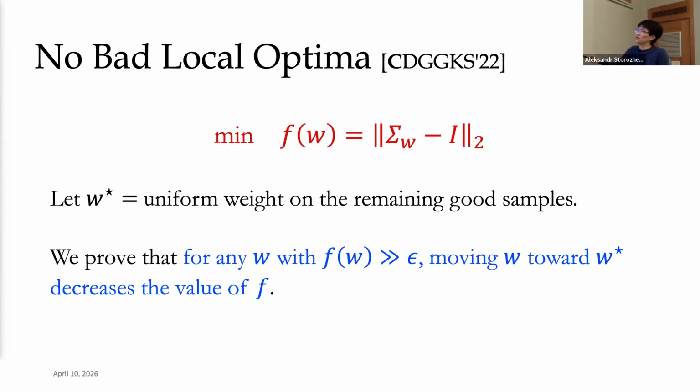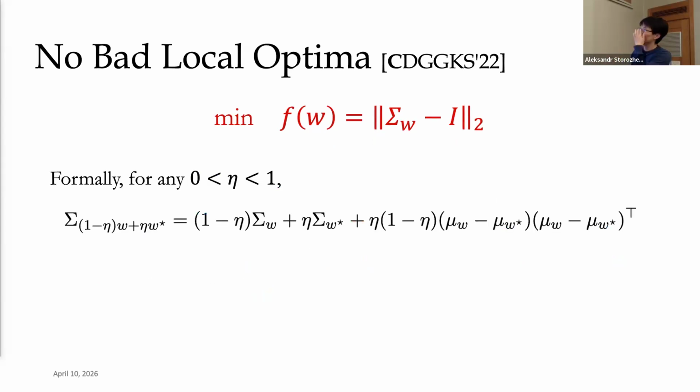It's a very simple statement. It just says, no matter where I'm standing, if my function value is above this bad threshold, then I have a path to the global optimum, the intended solution. I walk there, I will get there. All right. How do you prove this?